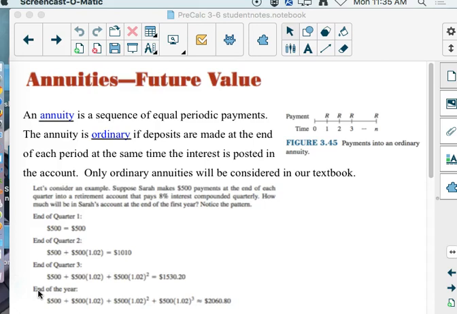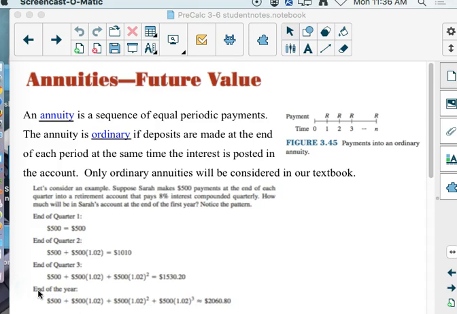The formula has enough in it without that. We don't need to start talking about, okay, it was a portion of the quarter that they got it for. So we're only going to look at ordinary annuities, and that means that money goes in at one of the time periods. If we're talking about quarters, and it goes in January 1st, then January, February, March, we would expect end of March, beginning of April, that should be when another payment would be made.